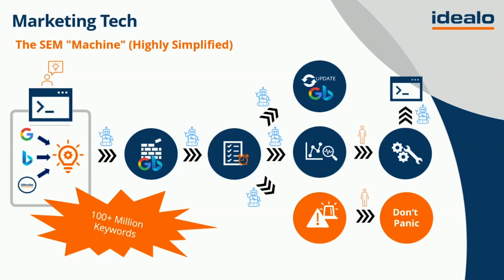It creates alerts should something go wrong, and it just does crazy magic. So we always say SEO is crazy magic, but really SEM is also crazy magic, serving over 100 million keywords. So this is a fantastic piece of marketing technology that if you want to understand more closely, I encourage you to reach out to the team.